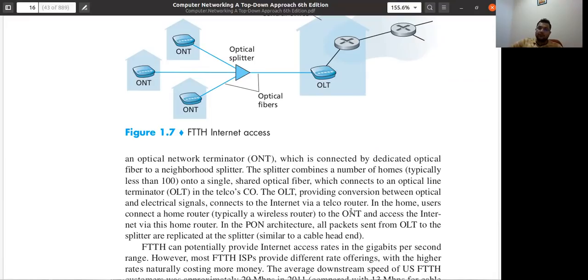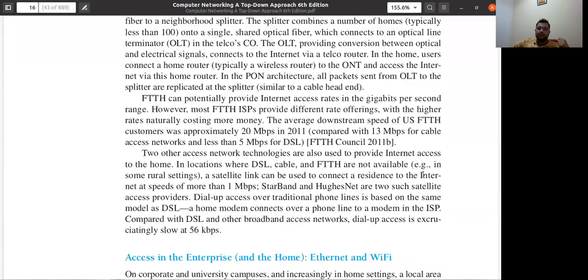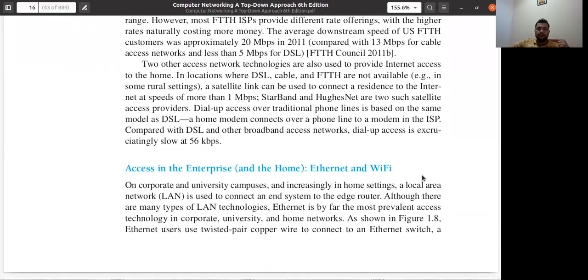In contrast, if you look at the copper wire telephonic network, there is maximum interference, whereas the interference is somewhere in the middle in case of cable wires, but there you will not get higher bandwidth. Whereas in case of fiber optics, you can get the higher bandwidth as well. The delay will be less, interference will be less.